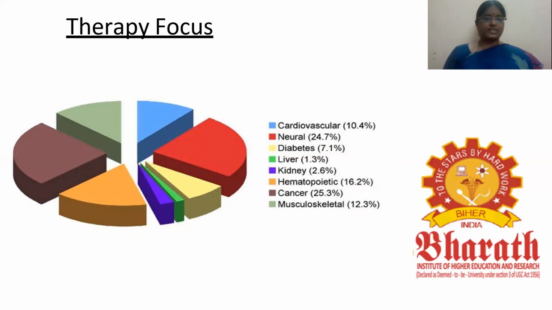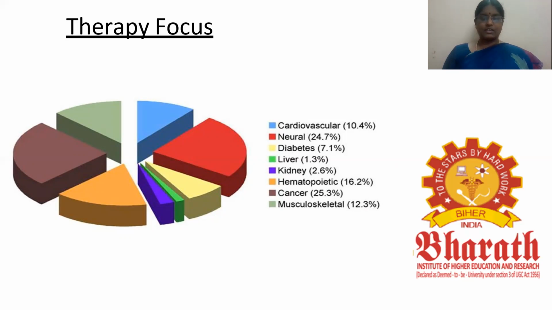So this pie chart discusses the therapeutic focus of mesenchymal cells, where they can be used to treat various diseases like cardiovascular diseases in 10.4 percentage, neural diseases in 24.7 percentage. It is used to treat diabetes 7.1 percentage, liver disorders 1.3 percentage, kidney disorders 2.6 percentage.